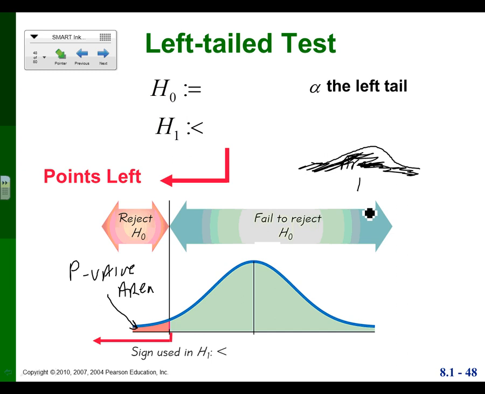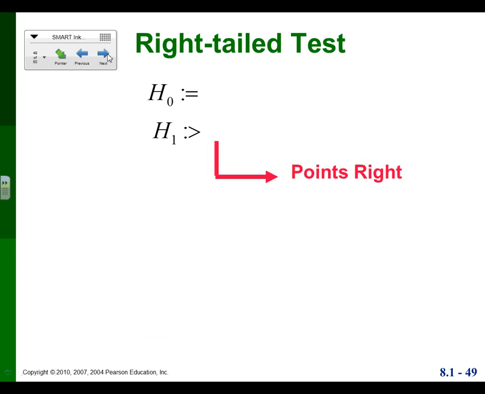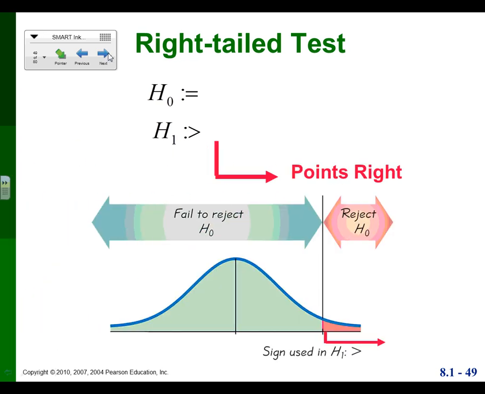You're talking probability. 1 means 100%. So that's where our complements come in, 1 minus alpha, things like that. Right tail, obviously, is going to be right over there. That's it for definitions for a while until we get to type 1 and type 2 error. We're going to do some calculations.